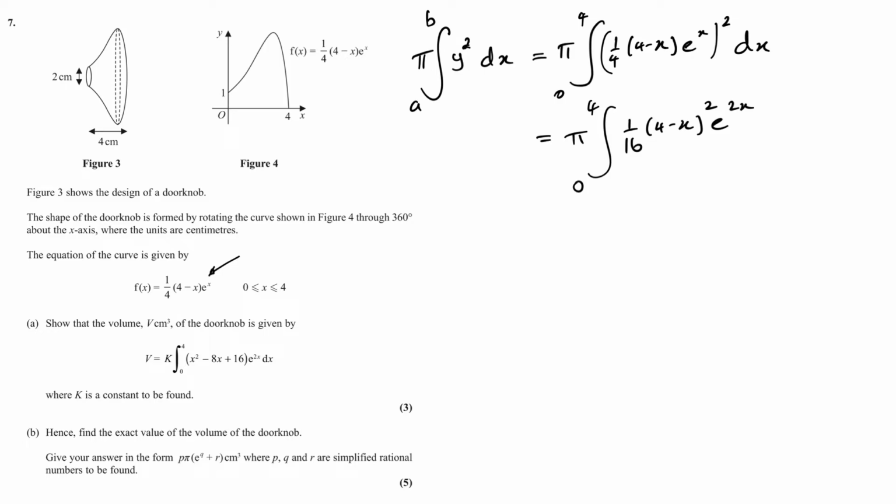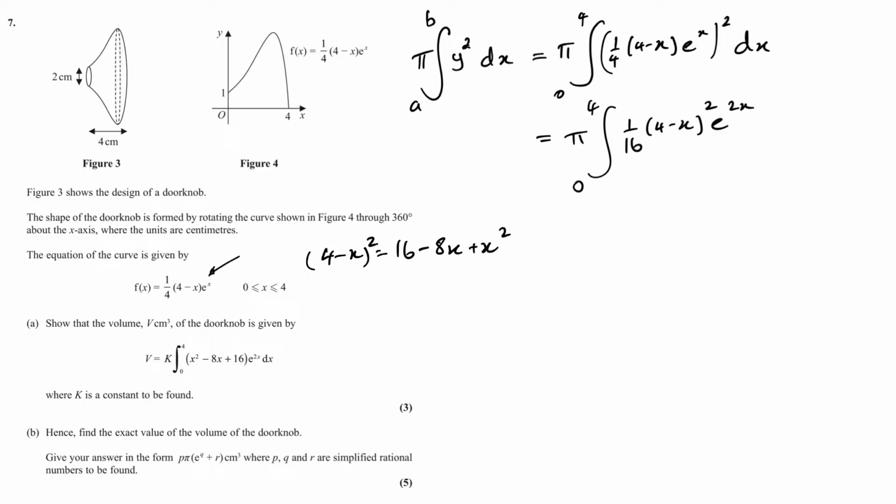And in fact what I think I will do is I'll just do the expansion on the side. So (4 minus x) squared is 16 minus 8x plus x squared. And of course, all of this is going to be multiplied by that 1/16 and e to the 2x.